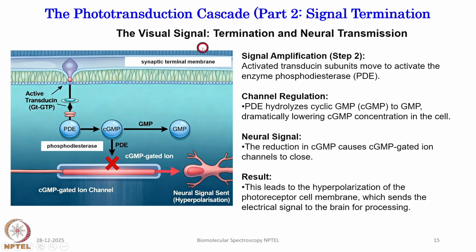So, see what is happening, light is shining. Light is doing all sorts of chemical reactions, right. So, GTP, GDP, cyclic GMP, that gives some electrical current, and that electrical signal goes to the brain for processing. So, from light to chemical reaction to electrical signal, and that is how the signal goes to the brain, which processes it and perceives the light and we analyze.